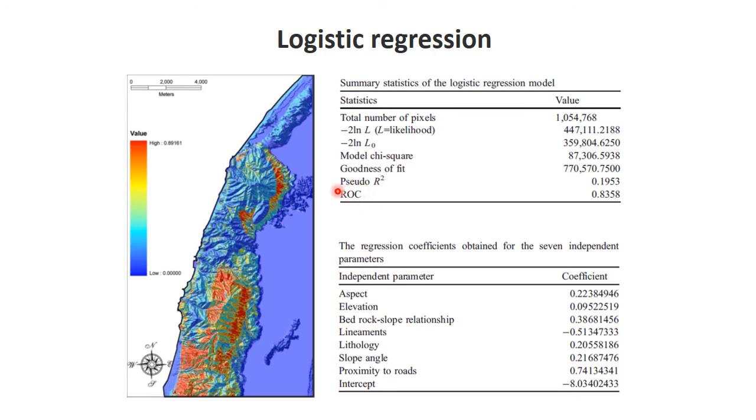There's also other measures that do the same, I'm not going to go into that. And so you want this to be very close to 1. Typically, if this number is some 0.5 to 1, then this is a good number. This is basically based on, again, a comparison of the Boolean map, the map I showed you in the previous case, with the probability map and measuring the difference.